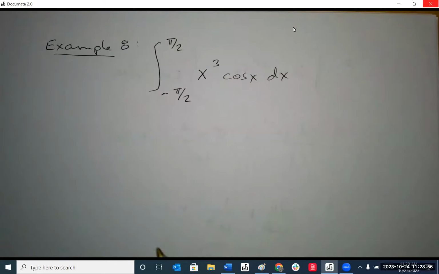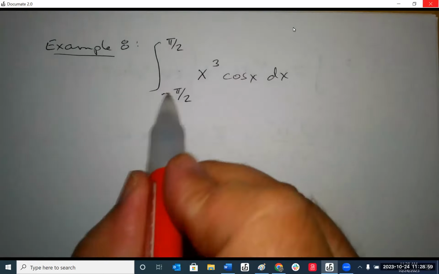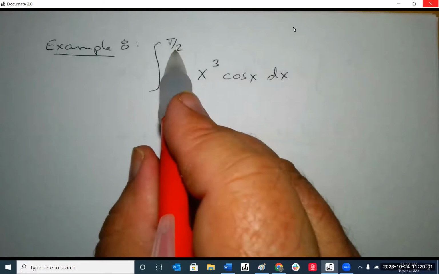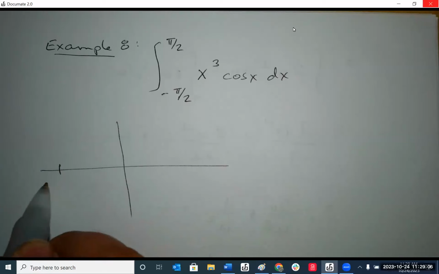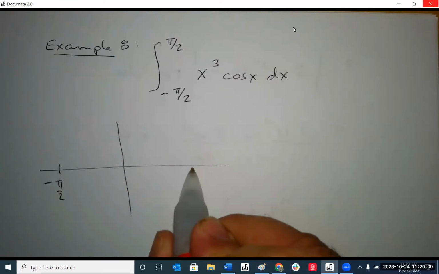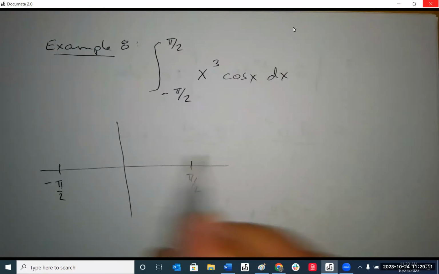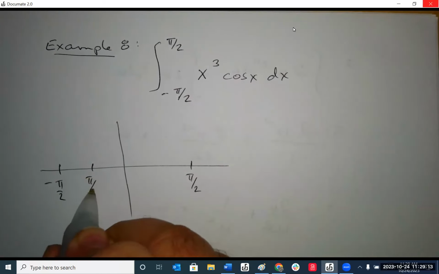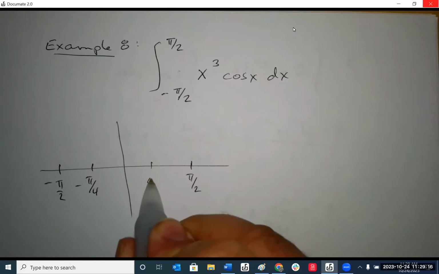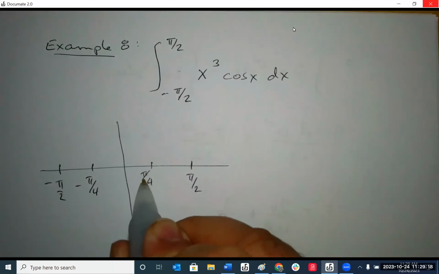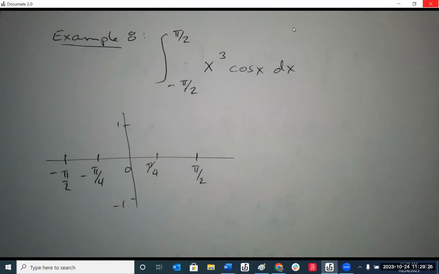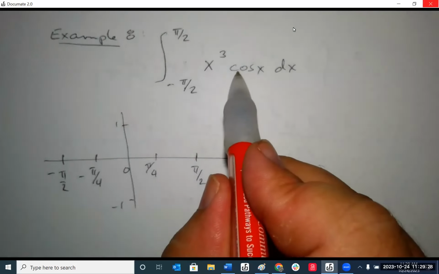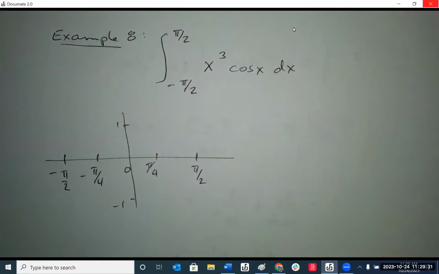What's happening here is this. If you look at the bounds of integration, we're going from -pi/2 to pi/2. So we have -pi/4, positive pi/4, and 0. 1, -1. What's going to happen with cosine?